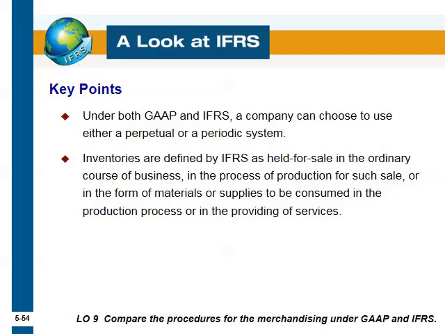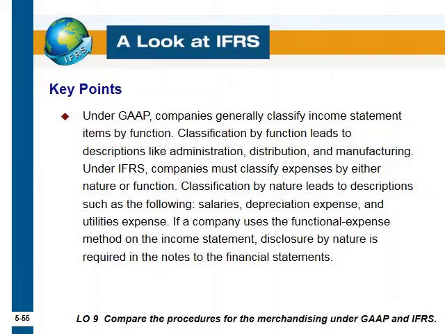Now let's look at IFRS. Remember, these are the international standards, and they can use perpetual or periodic system under both GAAP and IFRS. And IFRS defines inventory slightly differently, but it's very, very similar. And then another big difference is under US GAAP, companies generally classify the income statement by function.